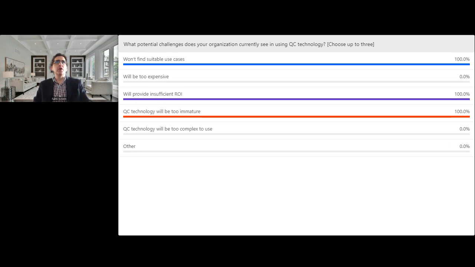Okay, so this may be that everyone agrees on what the challenges are, or maybe I clicked that over a little bit too quickly. But in any case, immaturity, insufficient ROI, and won't be able to find use cases. So good sign in a very unscientific poll here that expense and complexity are not major perceived barriers.